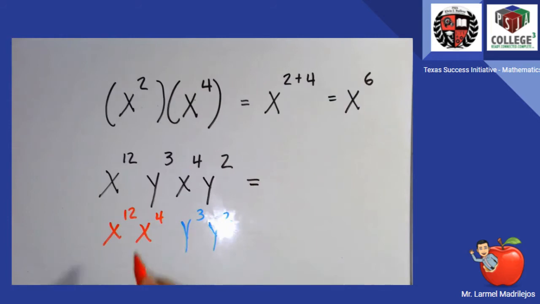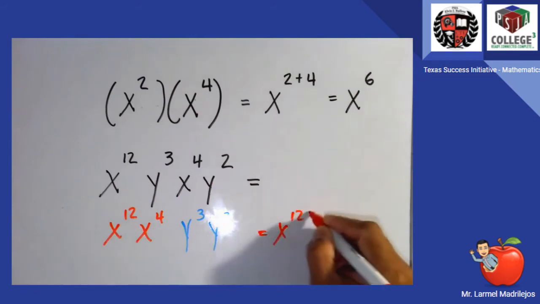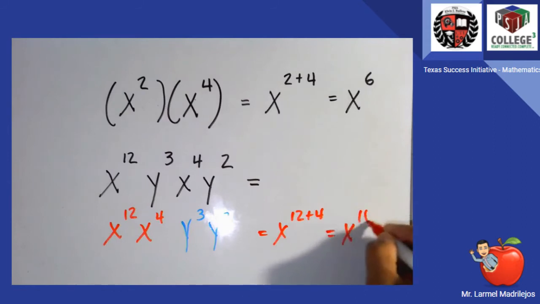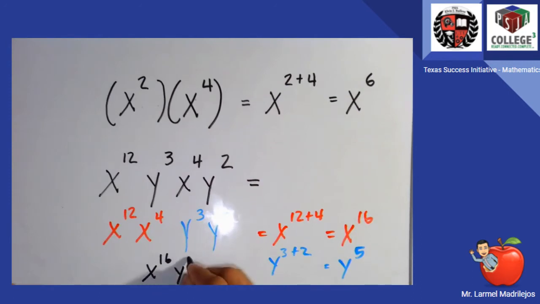So my answer here is going to be 12 plus 4 is equal to x raised to 16, and for the y, 3 plus 2, y raised to 5. So my final answer will be x raised to 16 y raised to 5. This is the product rule.